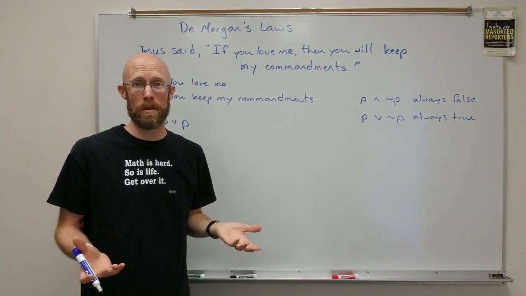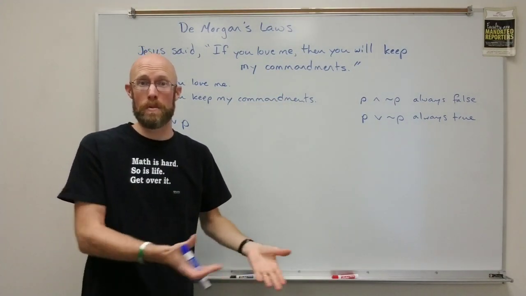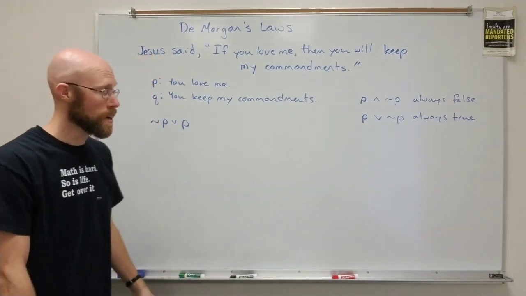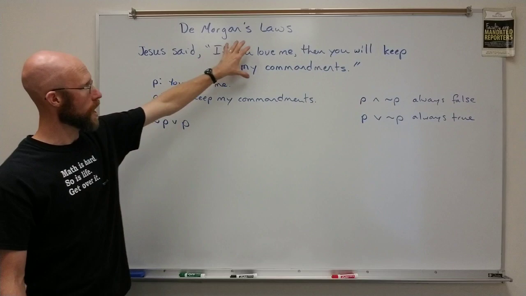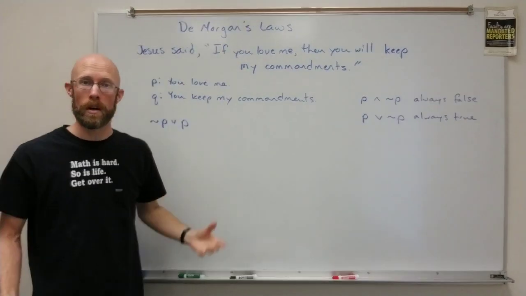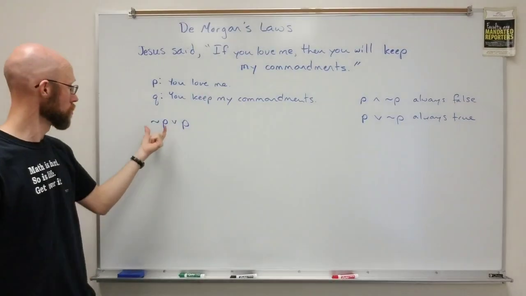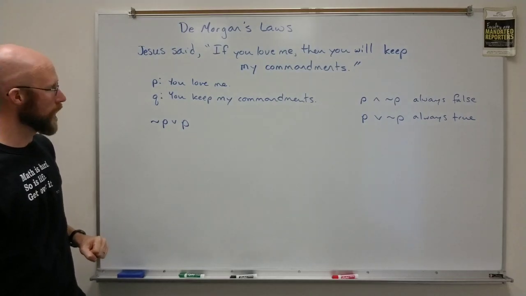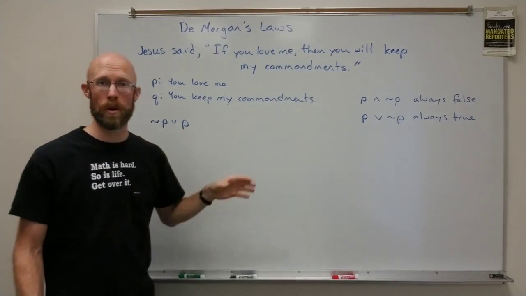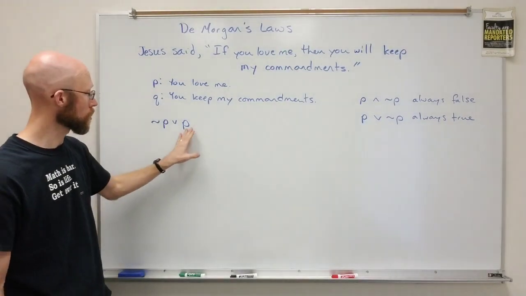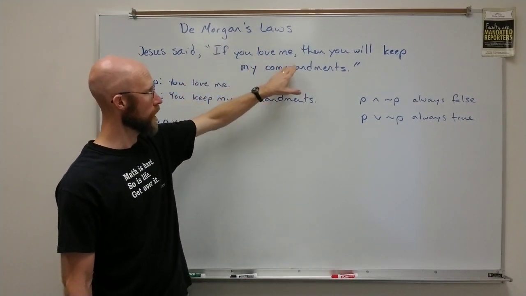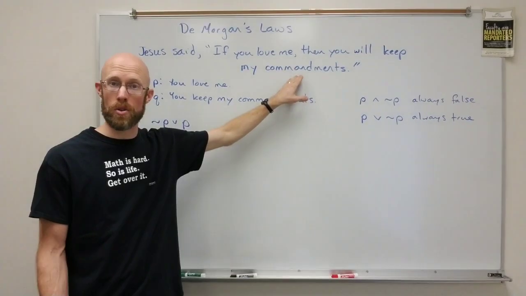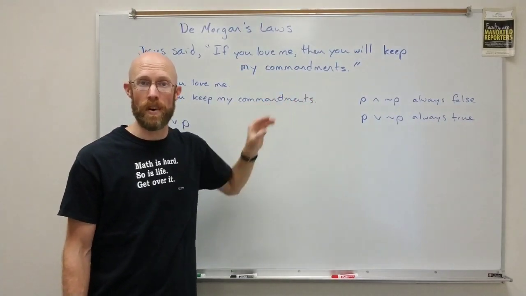It's also conceivable that you may not love him and still keep his commandments for other reasons. So this doesn't really apply. The conditional is considered true when not P occurs. But when P occurs, then the conditional implies that Q also must follow.